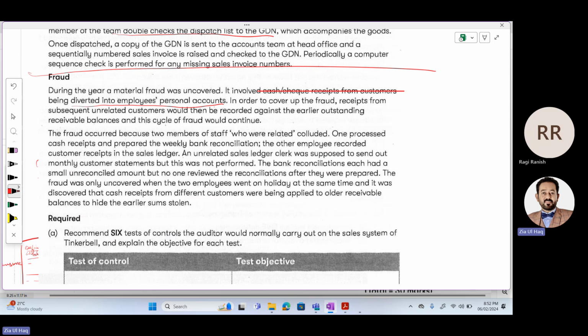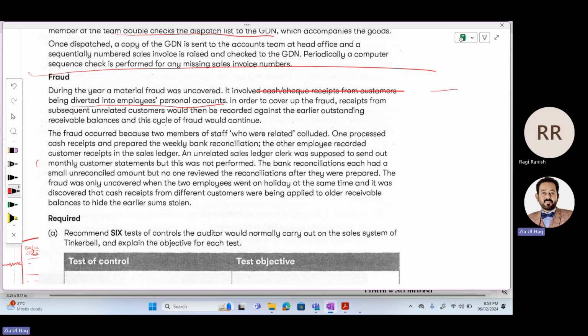And this cycle of fraud would continue. Means for the first order, the cash received they have taken into their pocket. And for the next order, cash received they have adjusted to the previous order. And for the next order, adjusting to the second order. For the fourth order, adjusting to the third order, and this cycle continues.